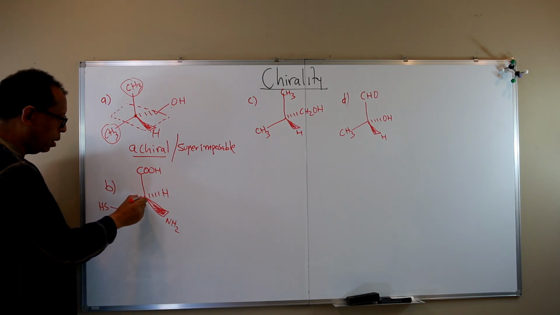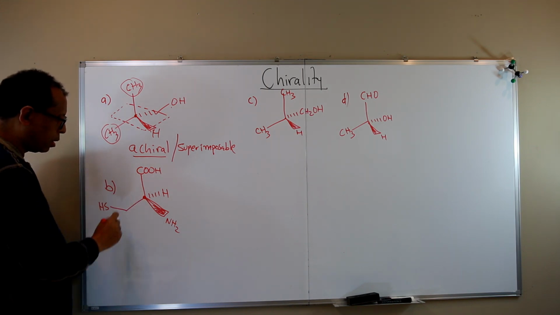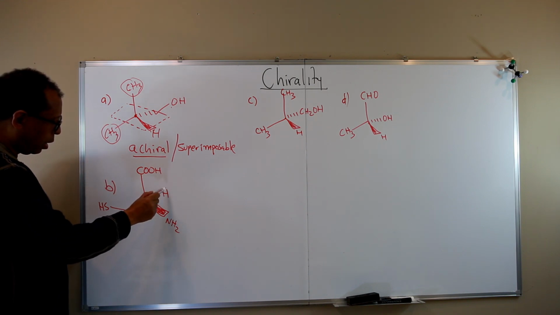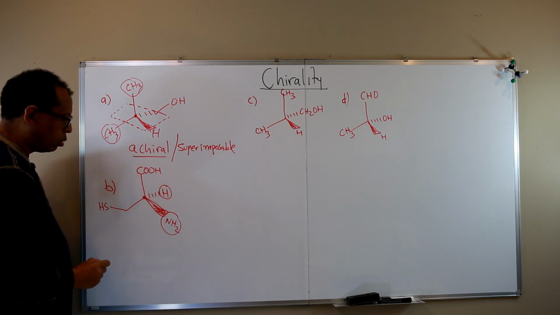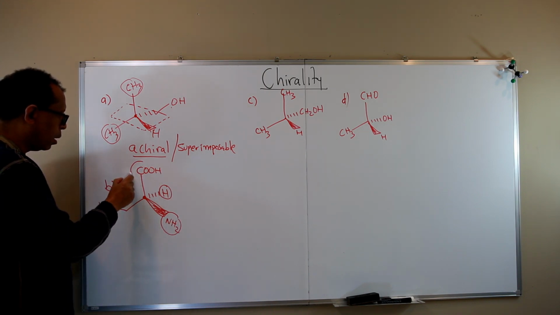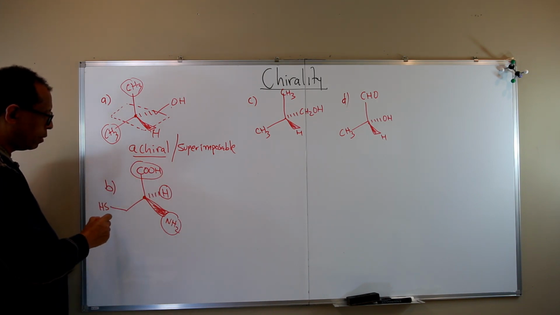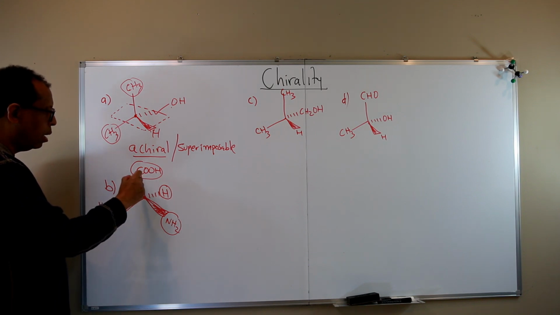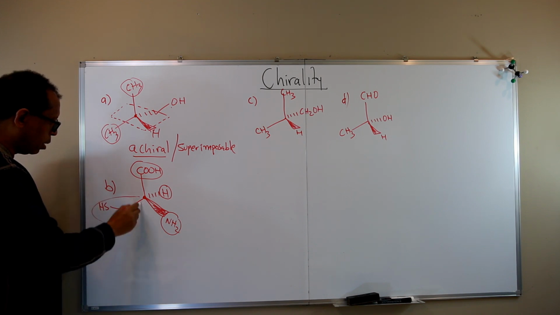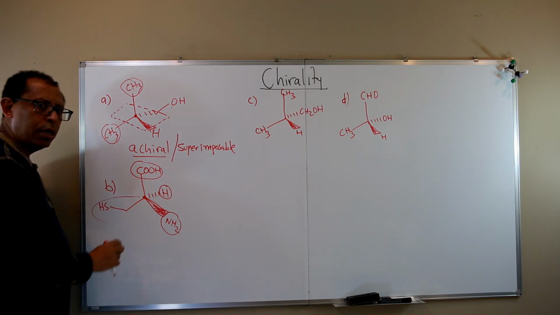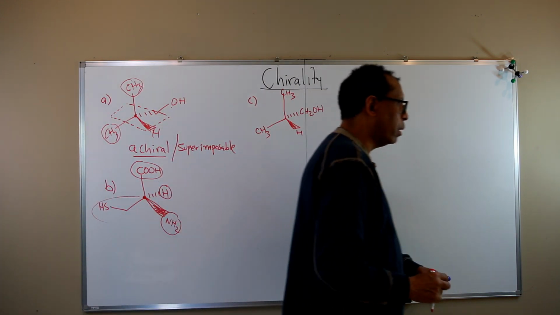This molecule, if you consider that carbon, it has hydrogen, group 1, the amine group NH2, group 2, another group which is different, 3, that's the acid functional group actually, and this whole group is another group. So it has 4 different substituents on it.